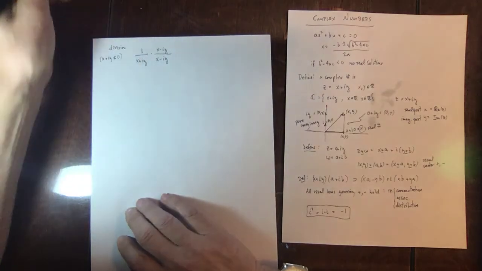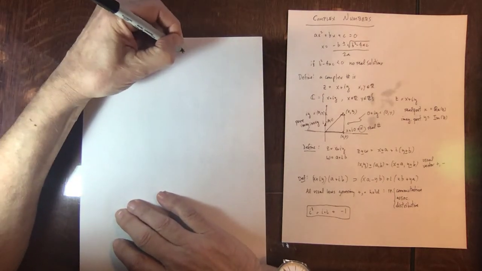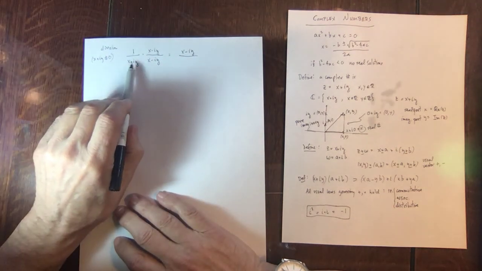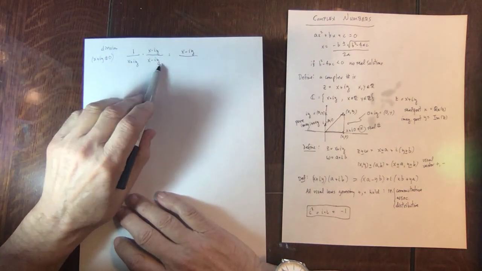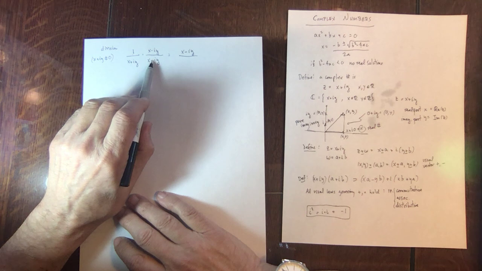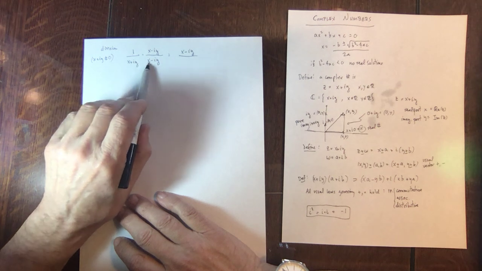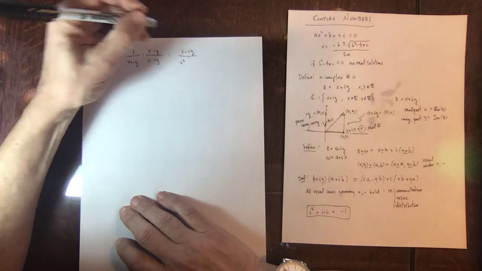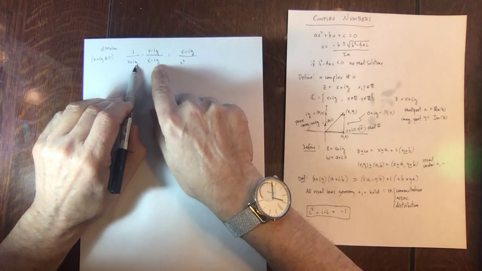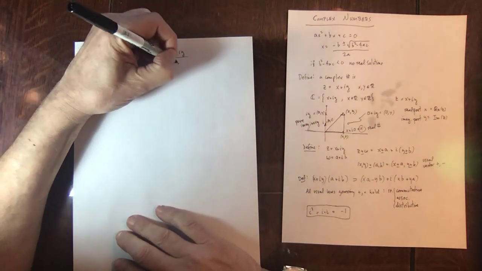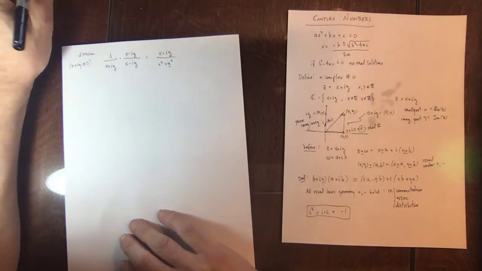So if I multiply top and bottom by x minus iy, then the top becomes x minus iy. The bottom, so again, you take all 4 products, each term here times each term here, but of course you're going to get an x squared, you're going to get a minus ixy, and from these you're going to get a plus ixy, so they cancel, and all you're left with is x squared, and this times this gives you minus i squared y squared, but i squared is -1, so that's just plus y squared.